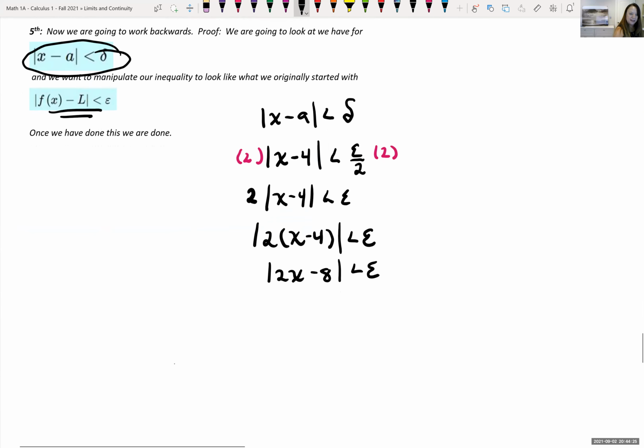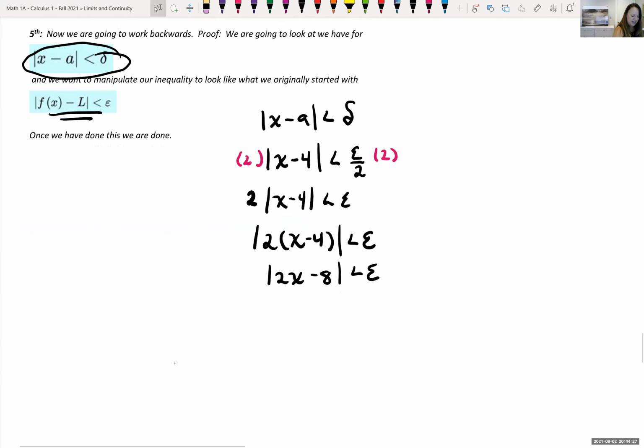2x plus 3 minus 11. Well, negative 8, right? That can be rewritten. So 2x minus 3, or sorry, plus 3 minus 11 is less than epsilon. This is our f of x value.